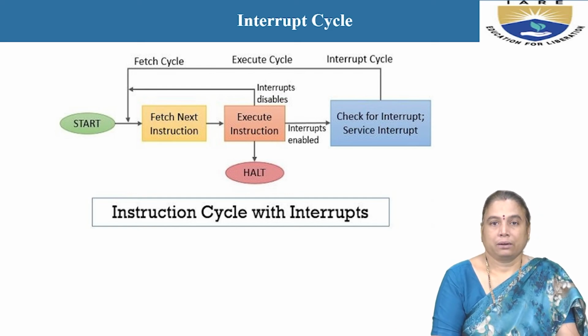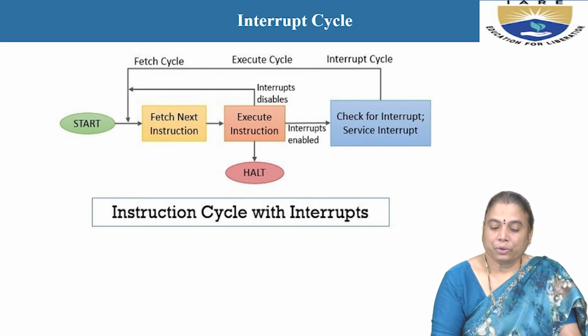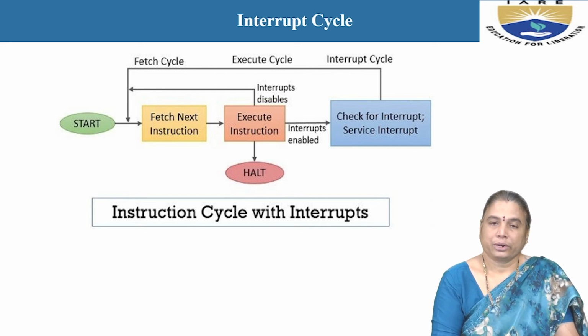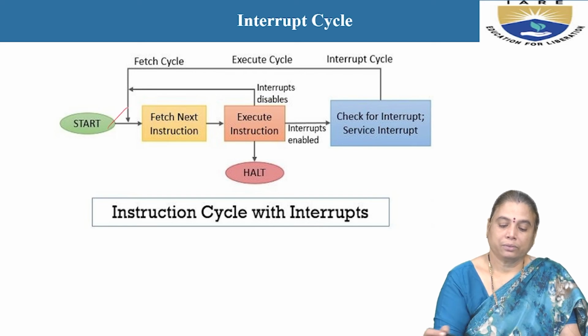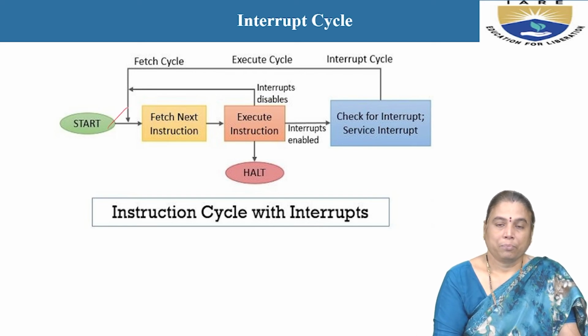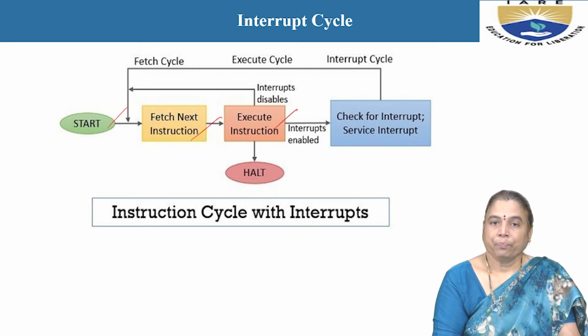So how can this interrupt cycle be executed with the help of the instruction cycle? Here the instruction cycle has two major phases: fetch the next instruction and execute the instruction. This is the instruction execution cycle.